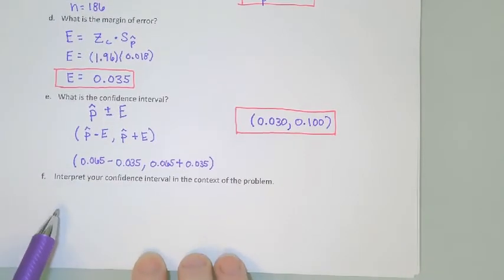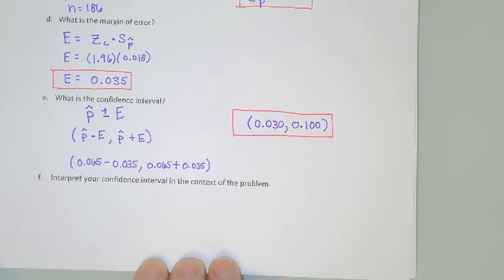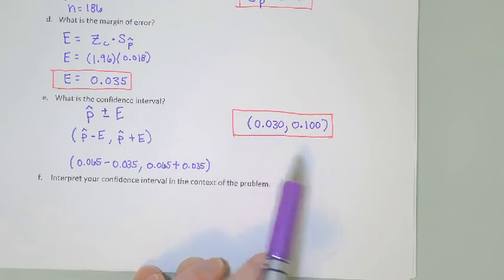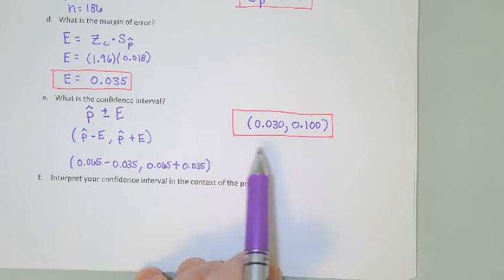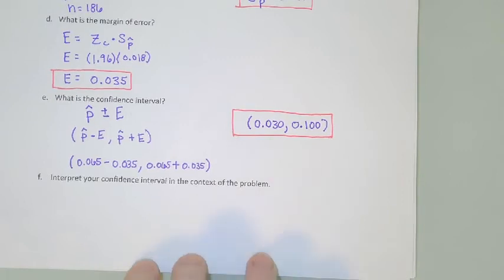F, interpret your confidence interval in the context of the problem. I need to explain in plain English what our confidence interval means in relation to the problem about Jeep owners.